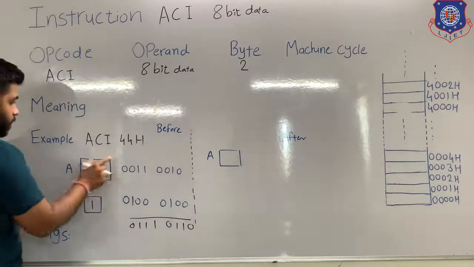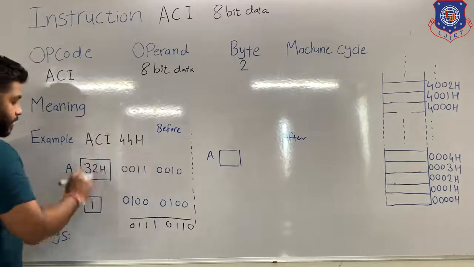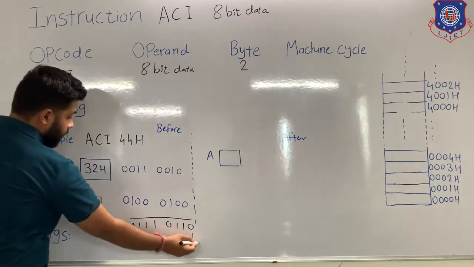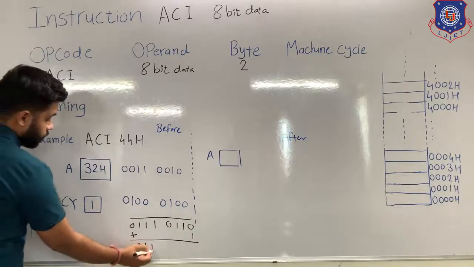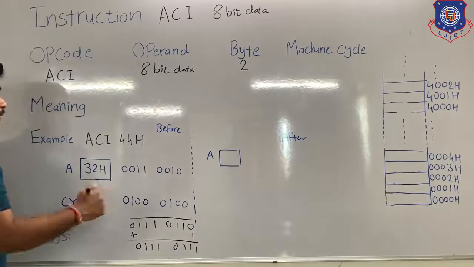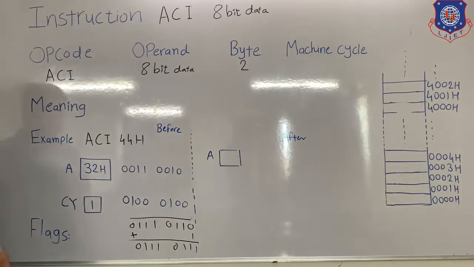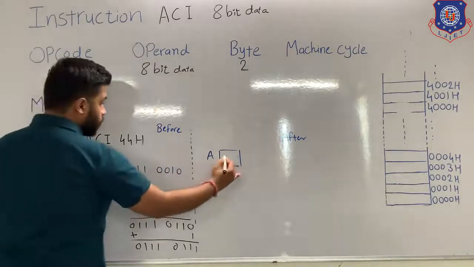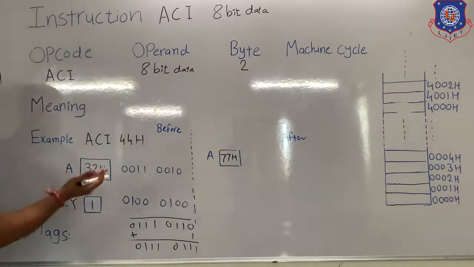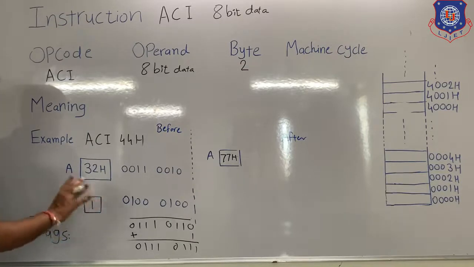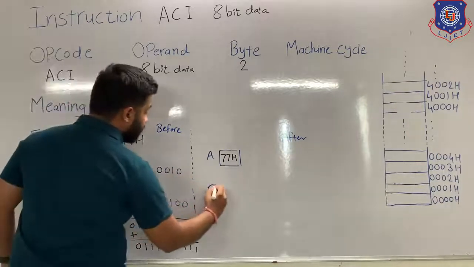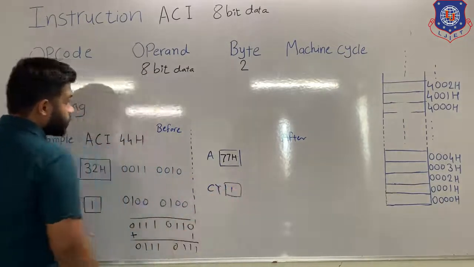Add the content of accumulator with 44H with carry. In this answer, the carry will be added, and we will get 0 1 1 0 1 1 1 1. If you convert this number into hexadecimal, you will get 77H, and the answer will be stored in the accumulator. So in the accumulator, 77H will be present. After the execution, the content of the carry flag will not change. The value in the carry flag will remain unchanged.